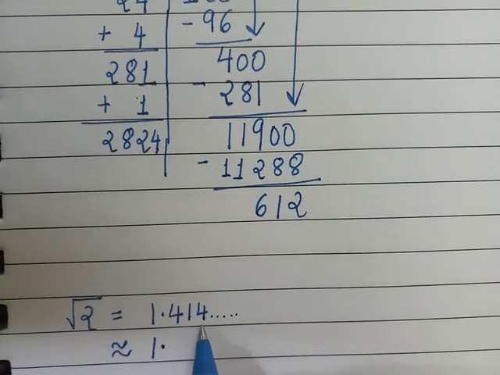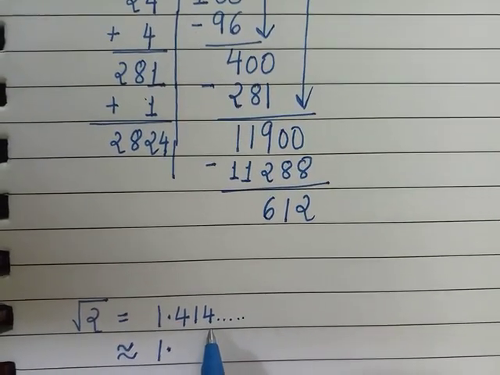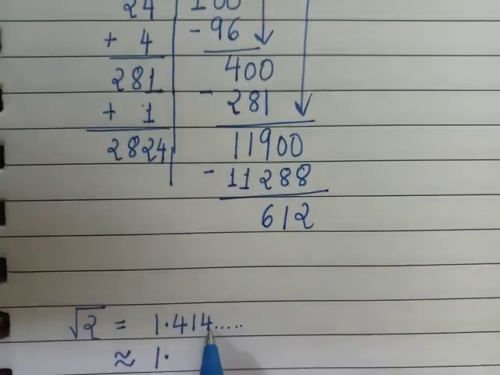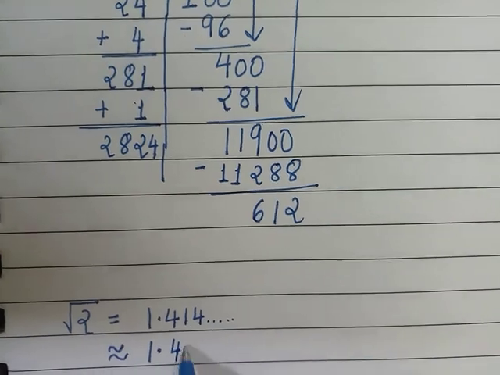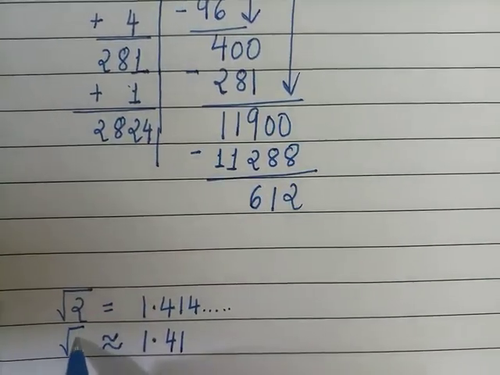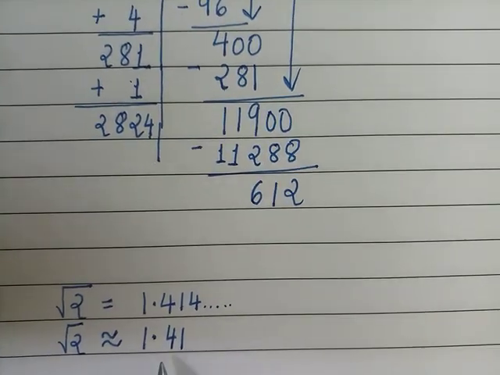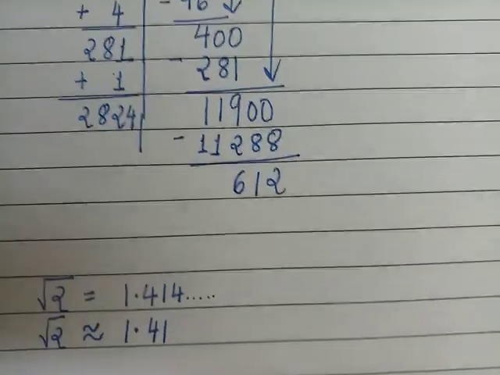Is the third place 5 or greater than 5? No, it's neither 5 nor greater than 5. It's less than 5. So we cannot give 1 here. So it becomes 1.41. Square root of 2 up to 2 decimal places is 1.41. Okay, children.